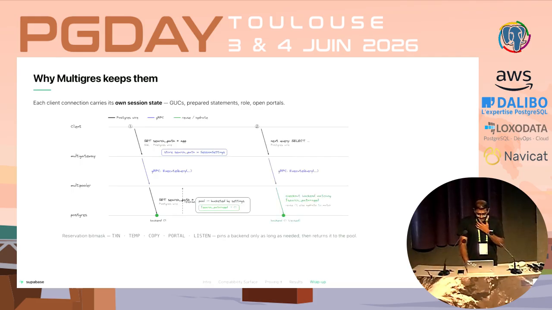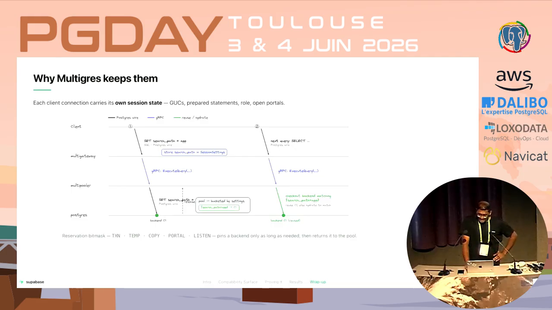And on top of that, there is a reservation mechanism. Since we have the multigateway, which can parse and understand the query, we can automatically figure out whether I need to pin the connection or not. So think of it like a small bit mask of reasons that a connection has to pin one top level client connection all the way down to a Postgres backend. An open transaction, a temporary table, an open cursor, or an active listen: all these are reasons why the system would automatically switch to session mode instead of transaction mode.